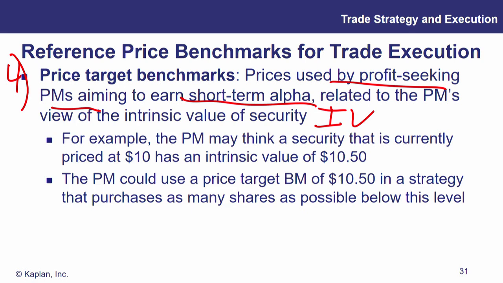So I'm going to instruct my trader to use a price target benchmark of $10.50, which I think the intrinsic value of that stock is, and I want you to pick up as many shares as possible below that $10.50. So you can see the different types of benchmarks, understand the definitions, understand why they're used and how they can be helpful. I think these are great nuggets for a couple points here or there that could pop up on the exam.